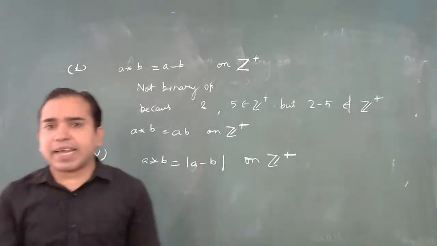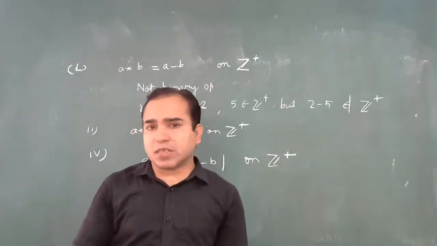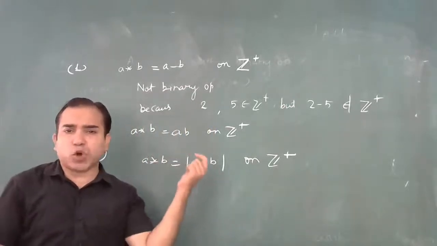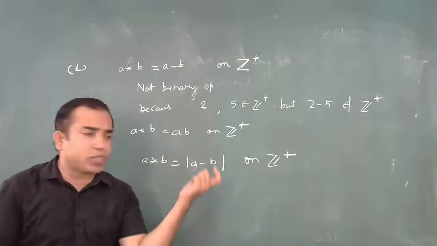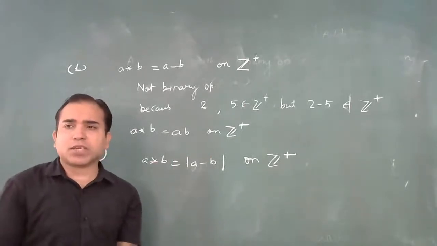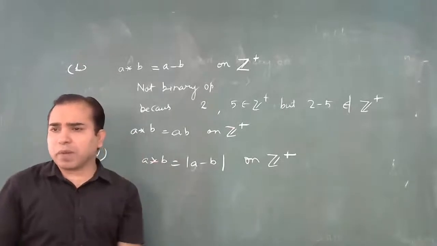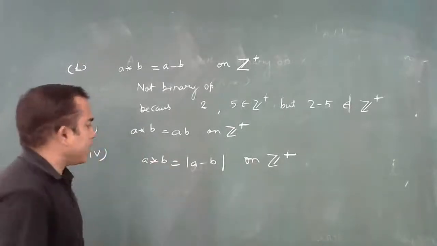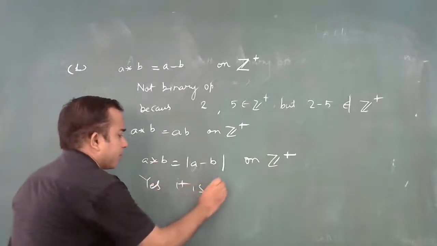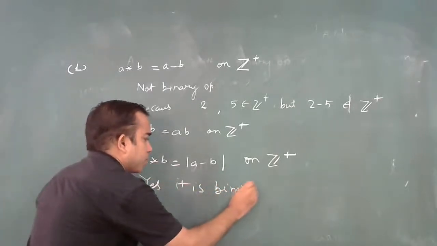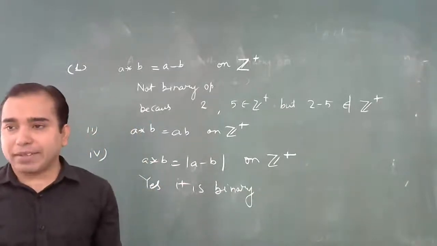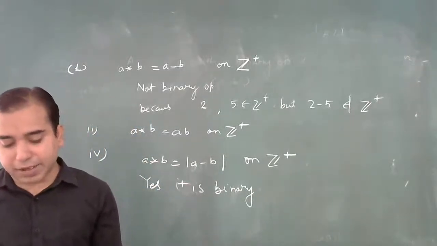You subtract any two positive integers and you take the modulus. Finally, it has to be a positive integer. Yes, the fourth part is certainly binary. But just saying yes or no will not work; you have to give the logic, okay?